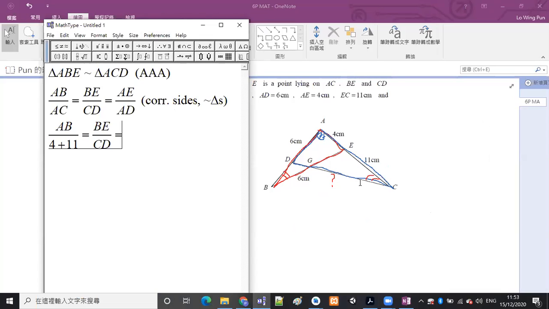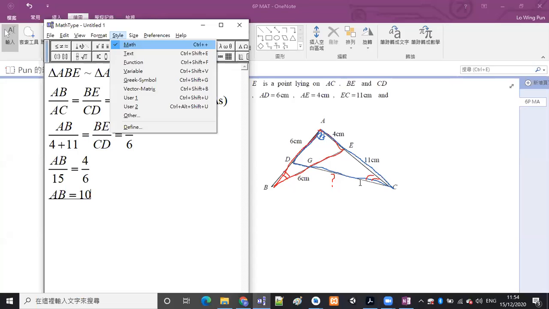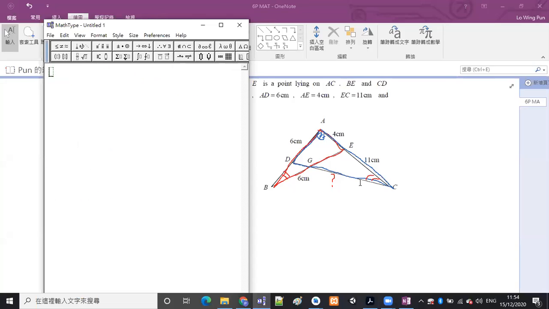Okay, and then AE is equal to 4, and AD is equal to 6. 好啦，我哋可以抽咗前邊呢一個 AB over 15 is equal to 4 over 6. Okay, so in the 4 parts in 2 fractions, we know 3 of them, and then we can calculate the fourth one. So AB should be equal to 10 cm. Can you get this?